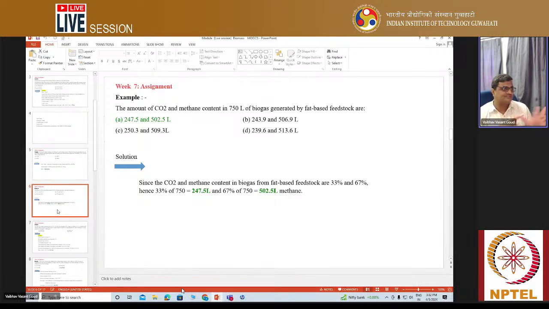I hope this is very simple, and it clears your doubt on how to calculate these values. Instead of fat, there might be protein or carbohydrate given. Those values for the specific component should be known to you, so that you can calculate these values on the proportionate basis of CO2 and methane.